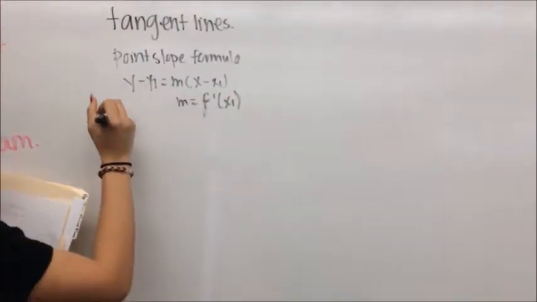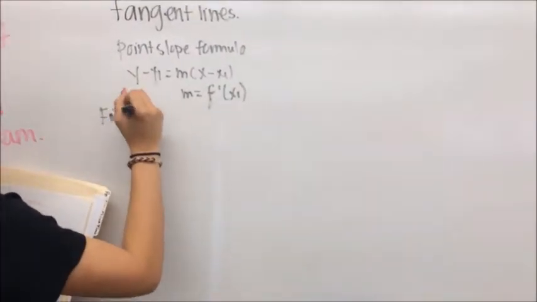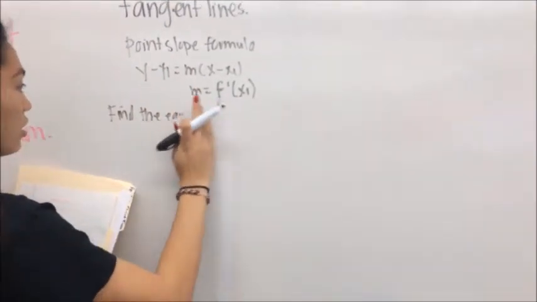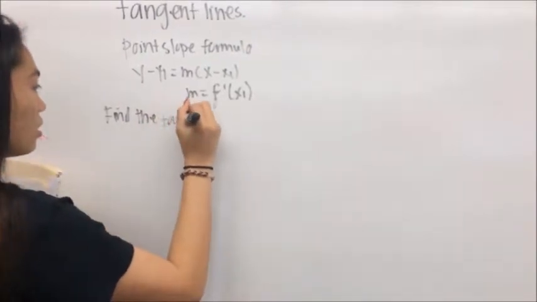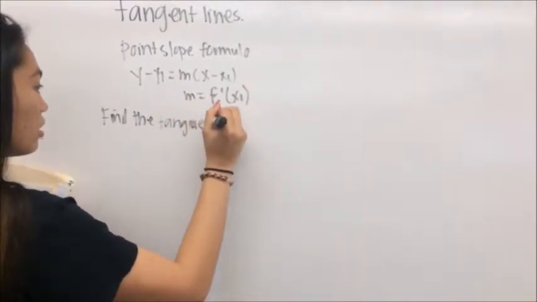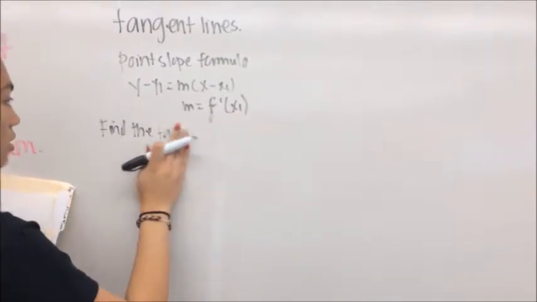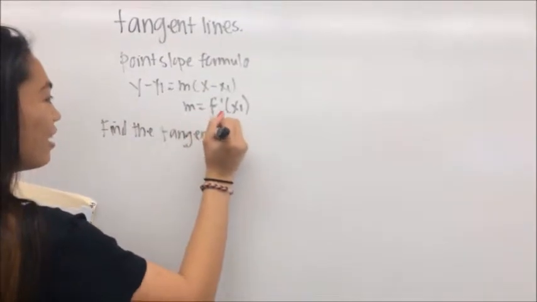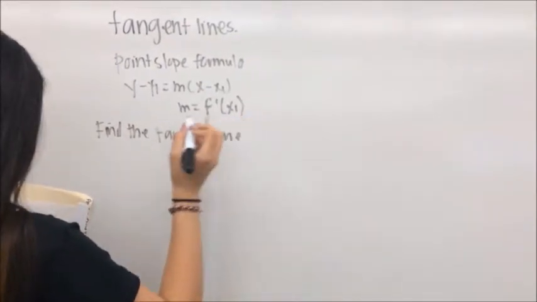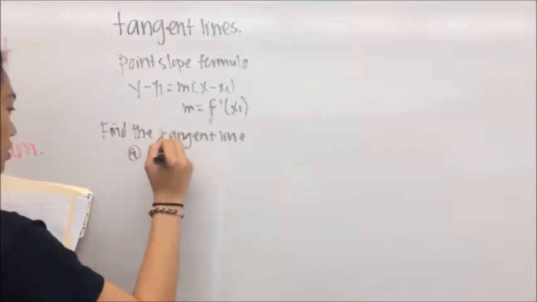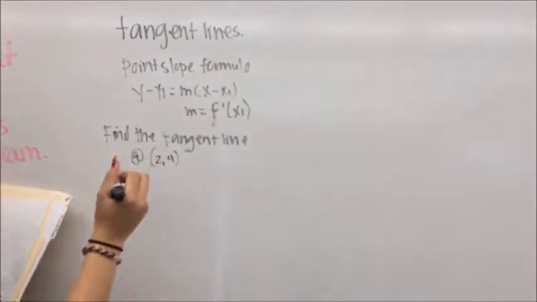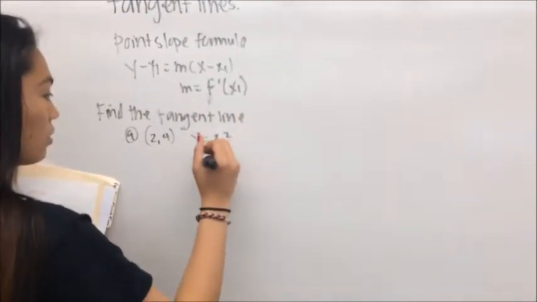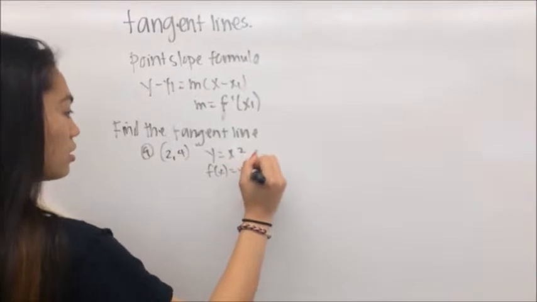So the problem is: find the tangent line at (2, 4), with the equation of y equals x squared, or f of x equals x squared.